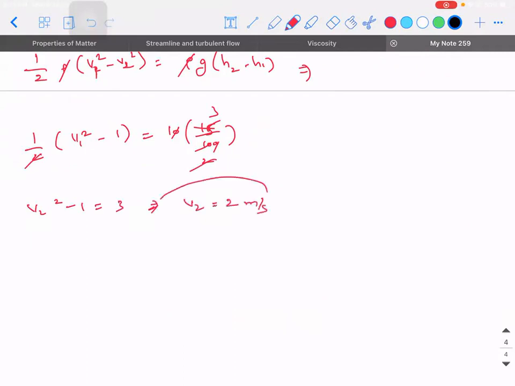V2 is 2 meter per second, correct? Yes. So A1 V1 is equal to A2 V2. According to this problem, A1 is what we need to find.